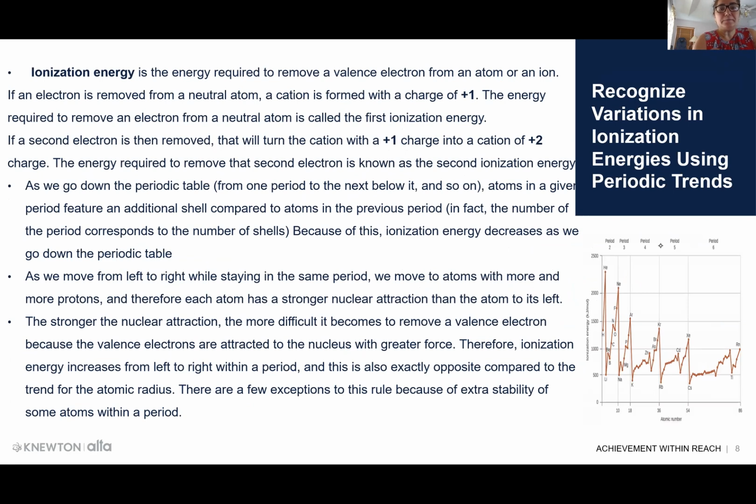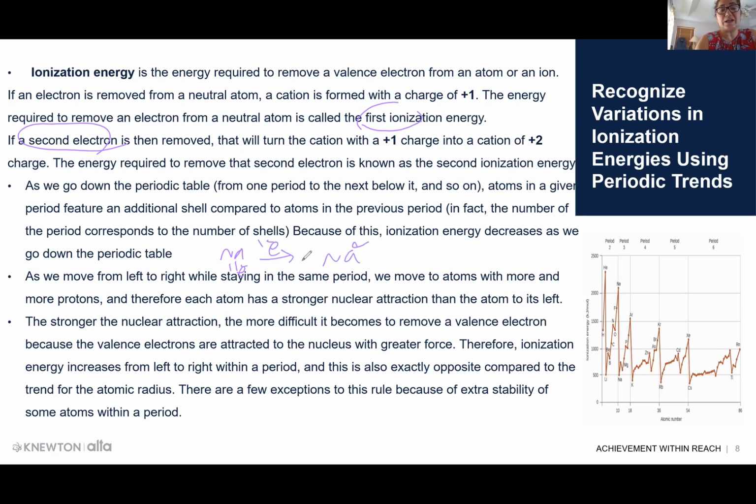Ionization energy, that's the next trend in the periodic table. First you need to know the definition for ionization energy. We have first ionization energy and second ionization energy. First ionization energy is like sodium, which has 11 electrons, minus 1 electron, it changes to sodium ion.